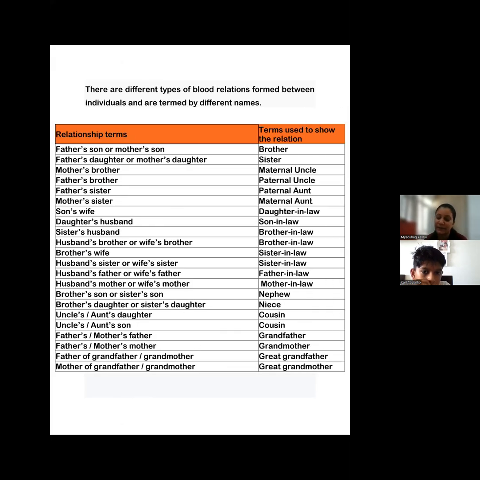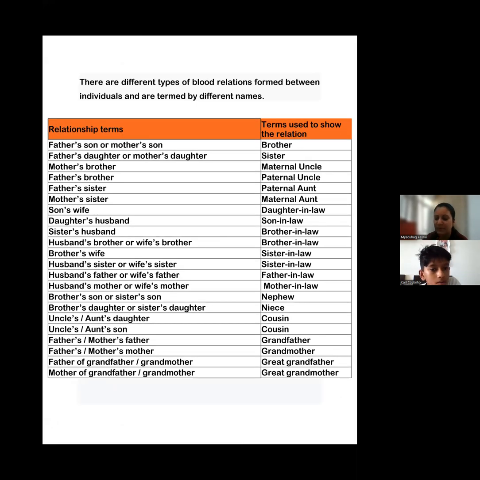Now there are some relations that we have. We have a table of these relations. I think these are the common relationships that we already know, right? These are different types of blood relations formed between people, and the terms used for them. Most of these you must be knowing.